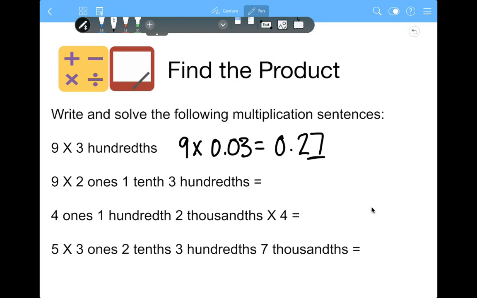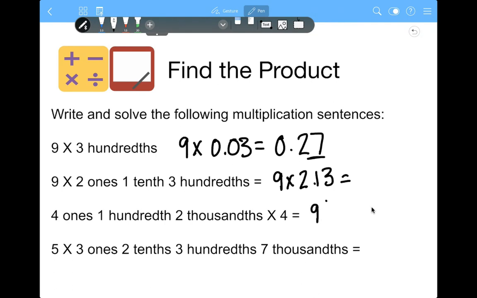9 times 2 ones, 1 tenth, 3 hundredths, which is 9 times 2.13. I'm going to solve this one with the area model first.